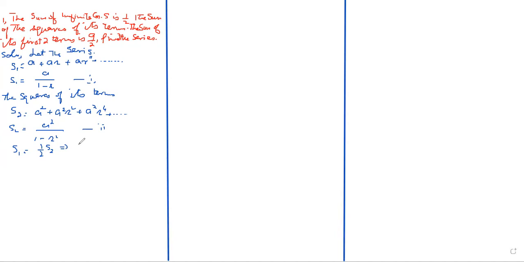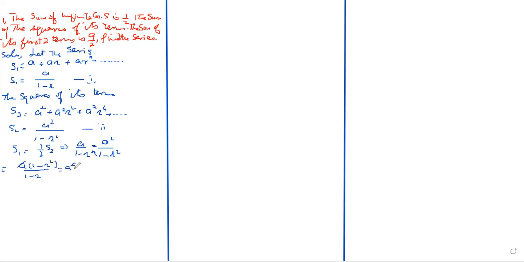This implies A over 1 minus R equals A square over 1 minus R square. Take this to that side: A times 1 minus R square over 1 minus R equals A square.